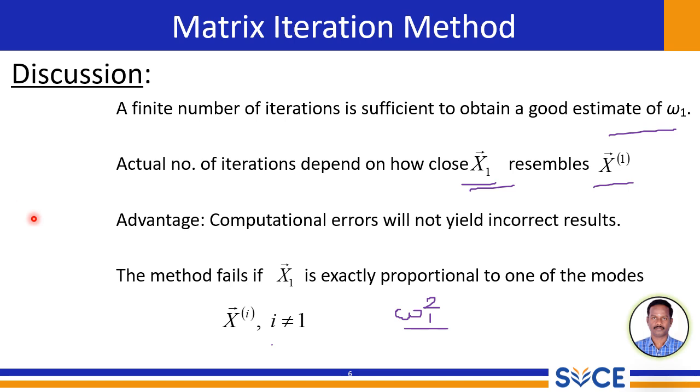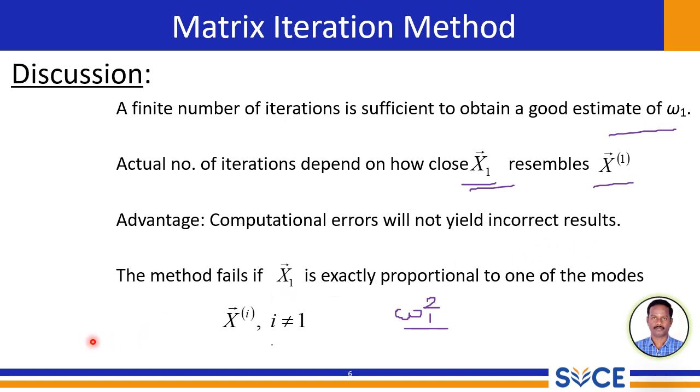Next, computational errors. One advantage of this method is that small computational errors that might occur during the iterations generally don't lead to incorrect final results. The iterative process tends to correct these errors.